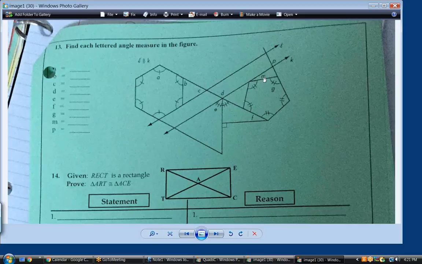Right. Yeah. But that's not going to help us because we don't know what this angle here is. Well, no, I don't think I do. Okay, but we do know what this angle is. What is this angle? That one is 108. We know this angle here. What's this angle here?